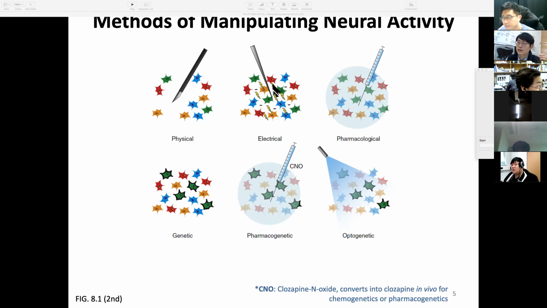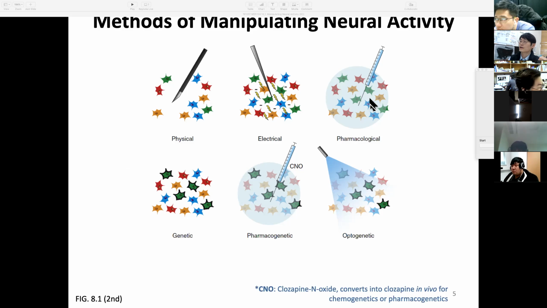However, electricity is about current flow in the brain tissue, so it's hard to localize and hard to prevent the effect along the path, affecting not only neural cells but also axonal tracts. So this is somewhat non-specific.